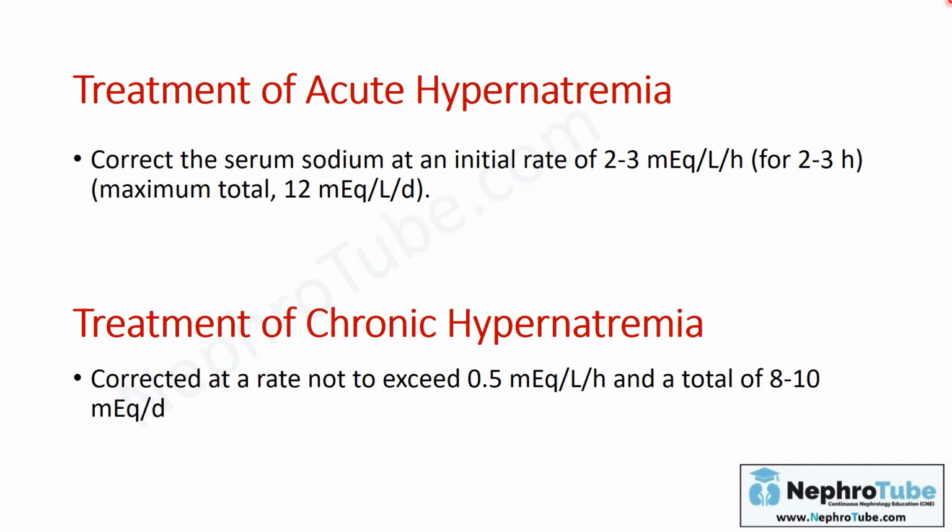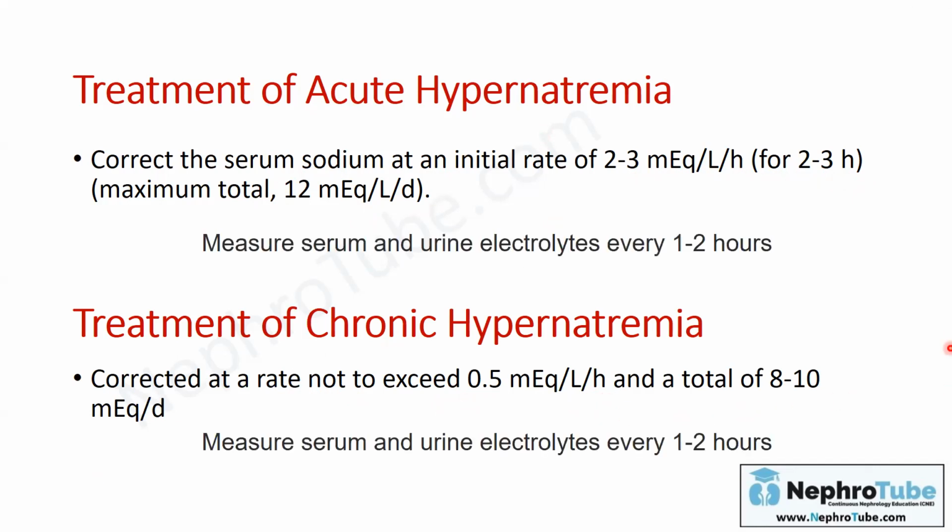In cases of chronic hypernatremia, you have to be more gradual. Correction must be at a rate not exceeding 0.5 milliequivalent per liter per hour and a total of 8 to 10 milliequivalent per day. And you have to measure serum and urine electrolytes every 1 to 2 hours.